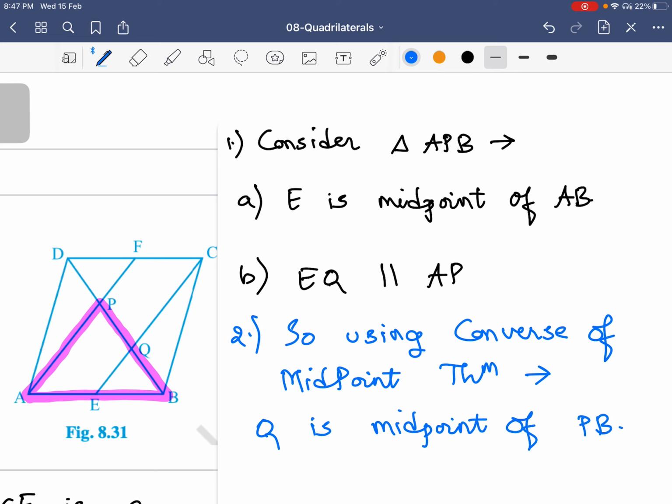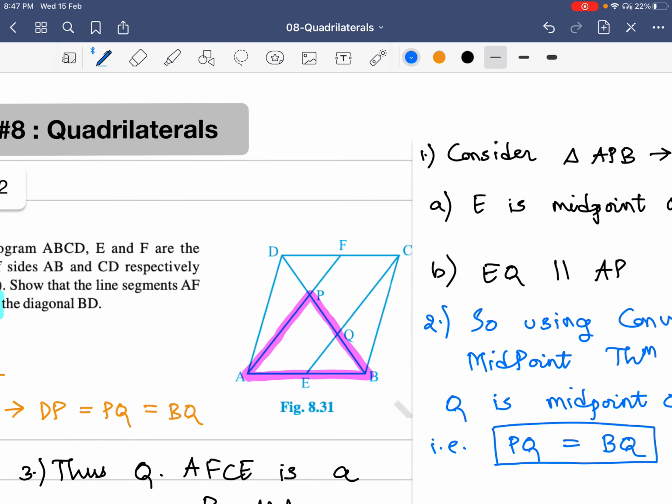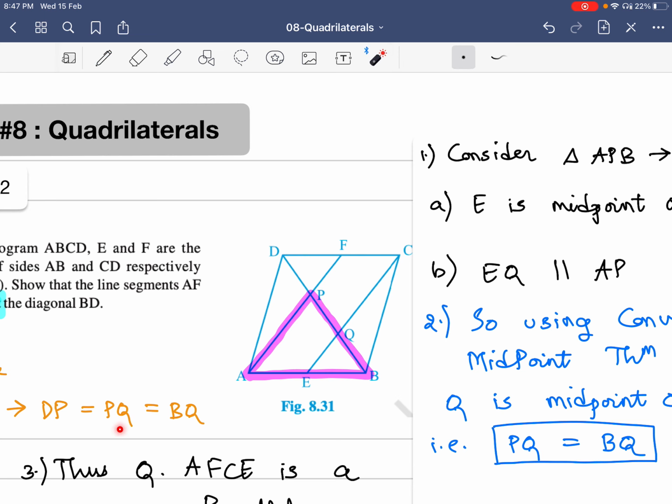When it's a midpoint, that means PQ is equal to BQ, and that is what we wanted to prove here.